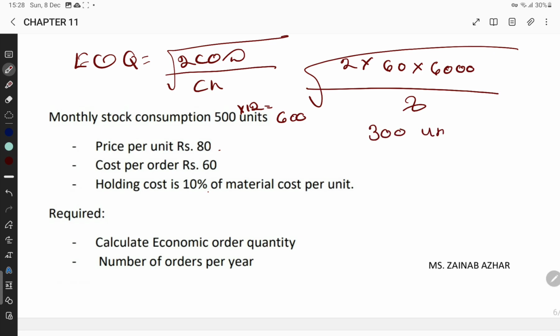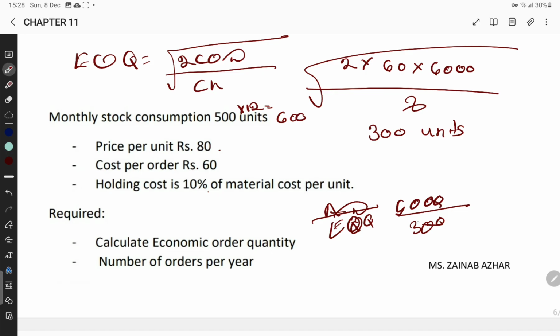Okay, so each time you are placing the order, you will place 300 units. Number of orders per year. Now in a year, your annual demand is 6,000 units. Each time you are placing your order, you are going to order 300 units.